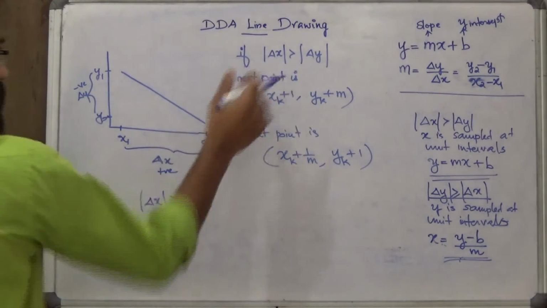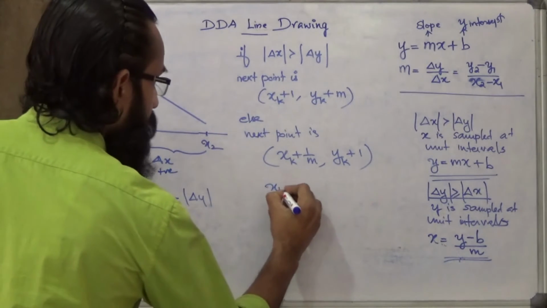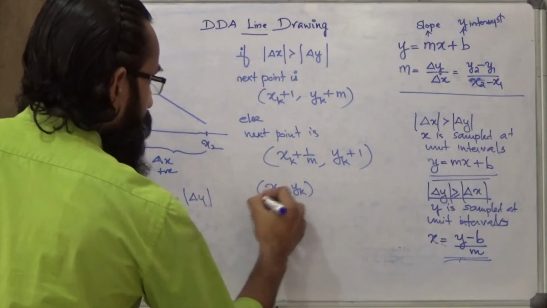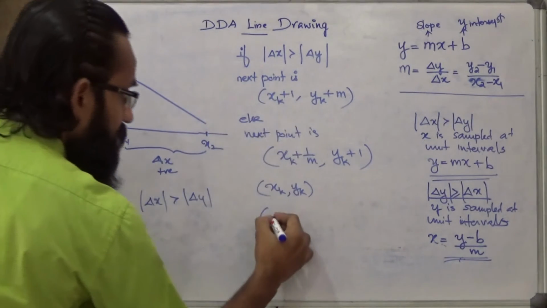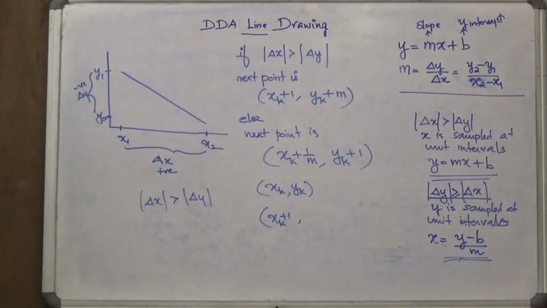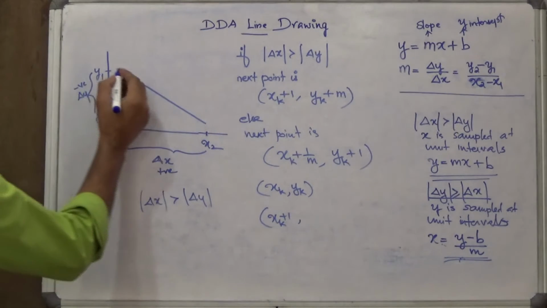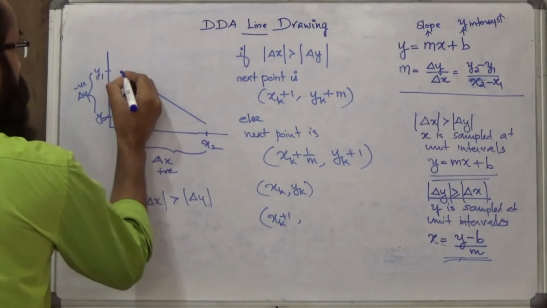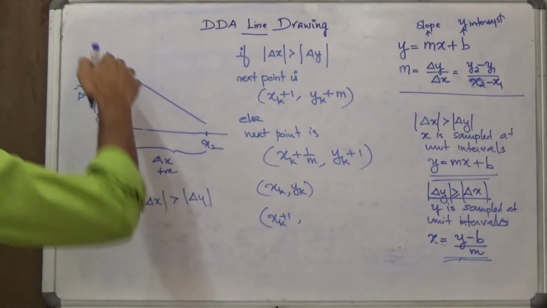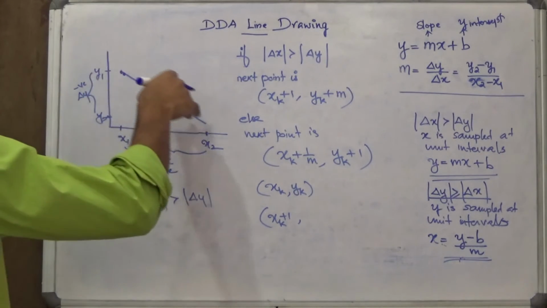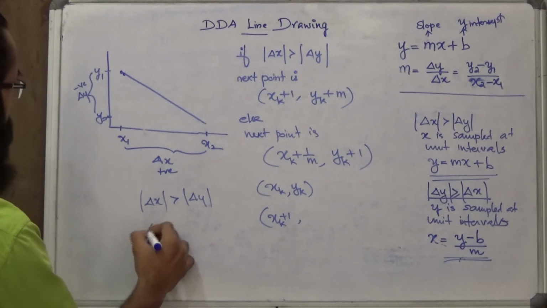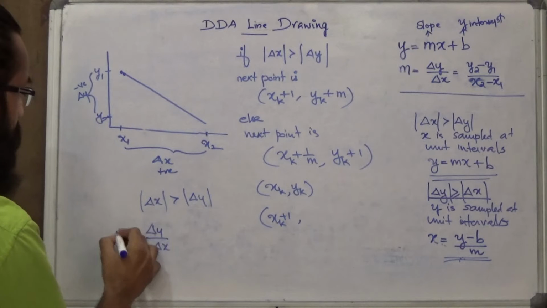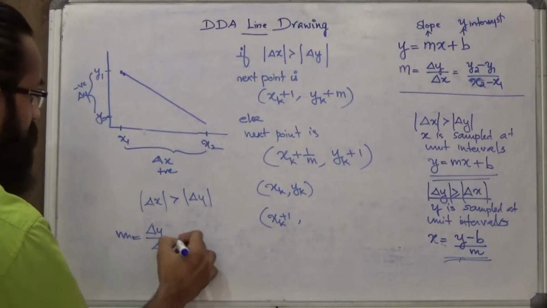So if you sample x at unit intervals, assume that at kth step you have plotted xk, yk. What about the next point? Since we are sampling x at unit intervals, next x value will be xk plus 1. What about next y value? As we move from left to right, y gets decremented. If you take delta y by delta x, you will get a slope which is negative.